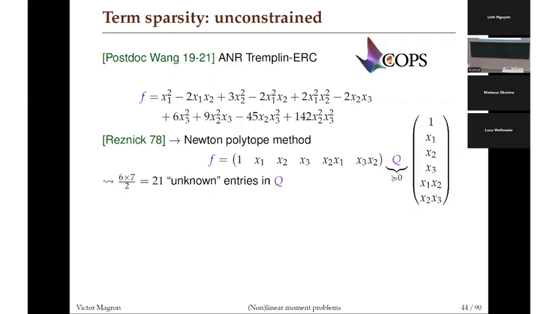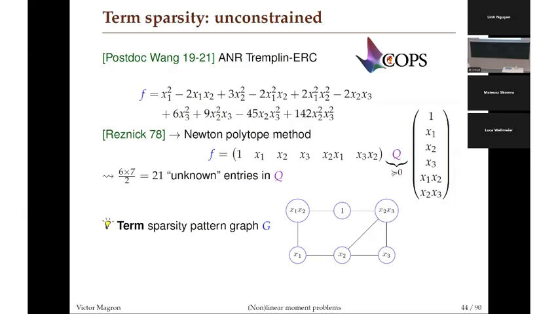So then you have this vector matrix vector product. The Gram matrix Q here has size 6, and inside there are 6 times 7 divided by 2 unknown entries. But then what you can do, a bit similarly to correlative sparsity, is create a graph, and the nodes of this graph are these monomials. So they are not variables anymore, they are terms.